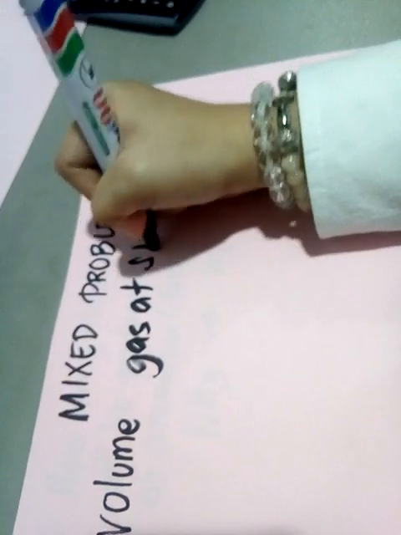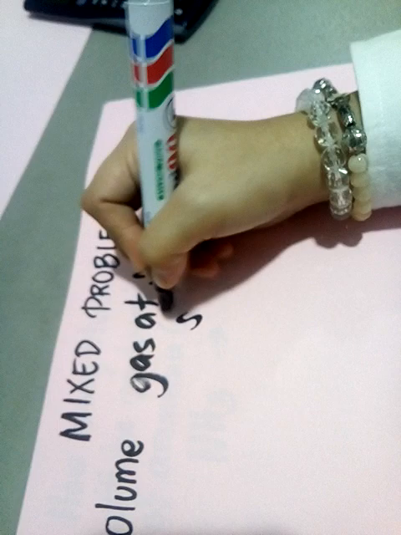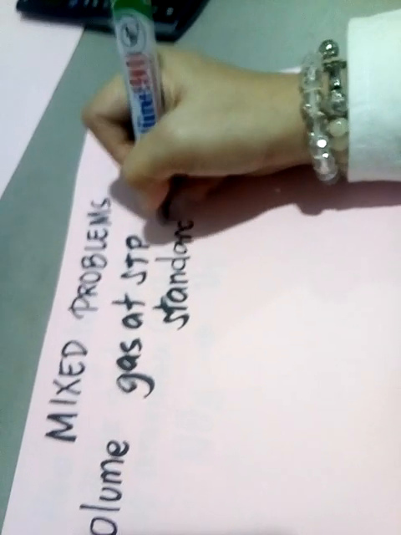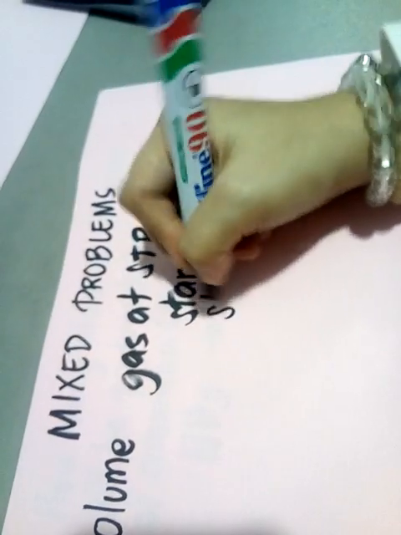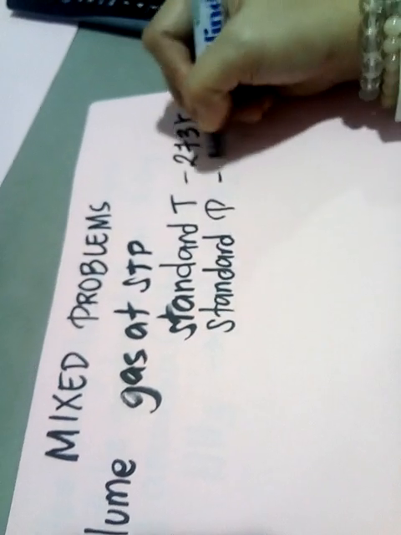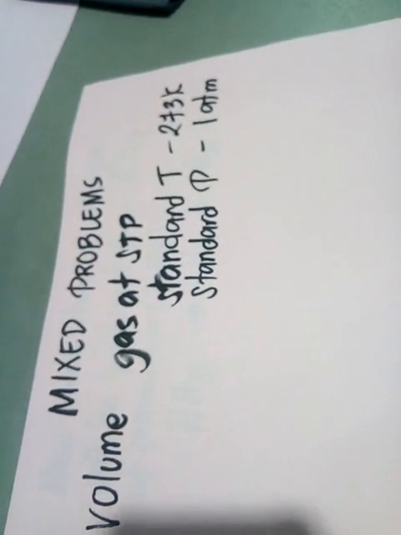So what is STP? STP is standard temperature and pressure. Now, this standard temperature and pressure has values. The standard temperature is 273 Kelvin and the standard pressure is 1 atmosphere. So we will only consider gas at standard temperature and pressure.